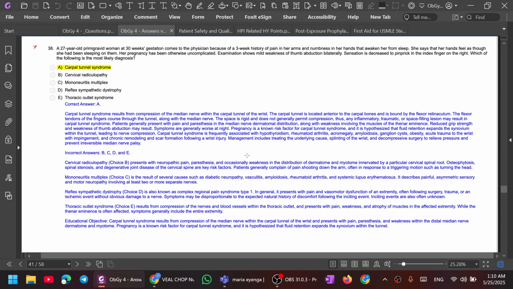Carpal tunnel syndrome is frequently associated with hypothyroidism, rheumatoid arthritis, acromegaly, amyloidosis, ganglion cyst, obesity, acute trauma to the wrist with impingement, and chronic remodeling and scar formation following a wrist injury. Management includes treating the underlying cause, splinting the wrist, and decompressive surgery to relieve pressure and prevent irreversible median nerve palsy.